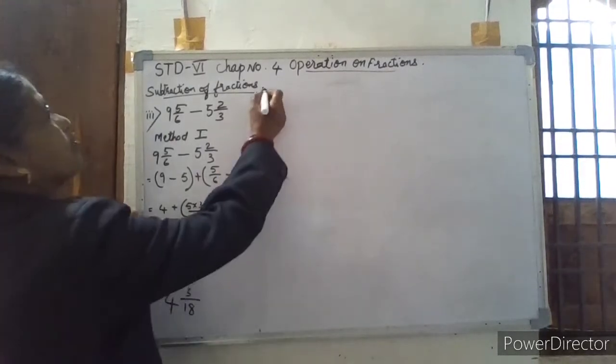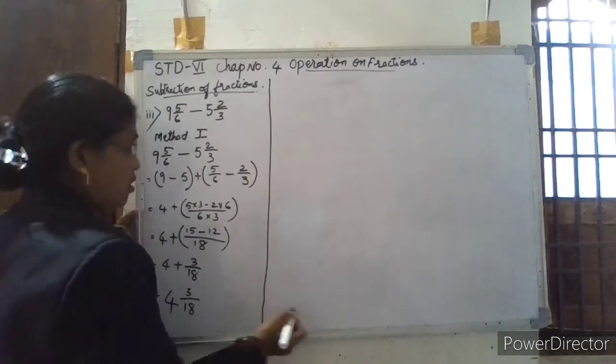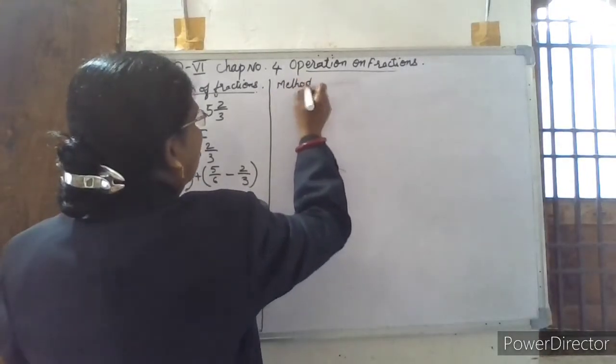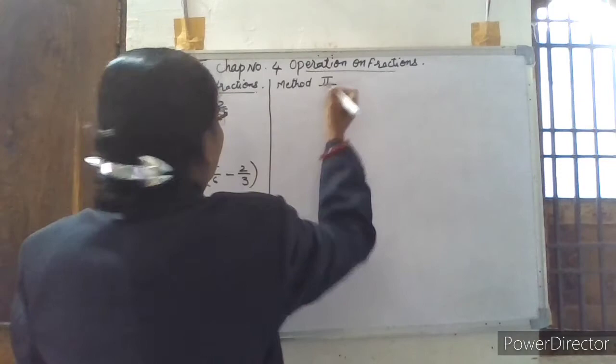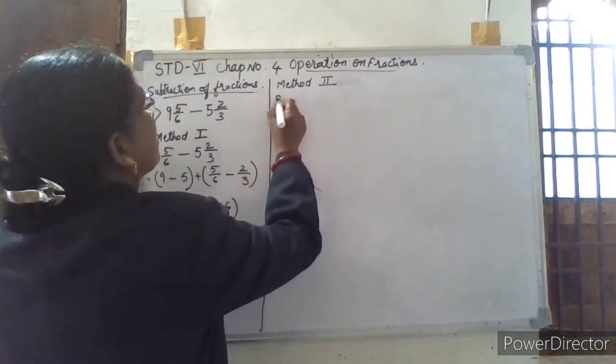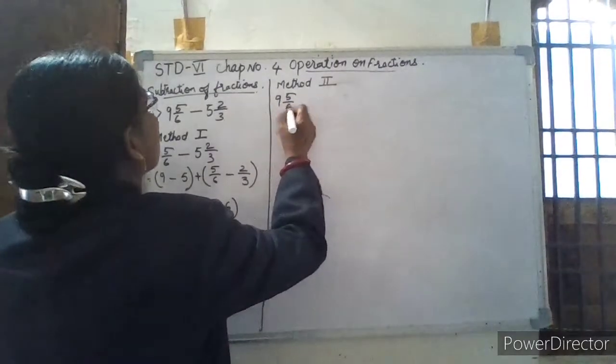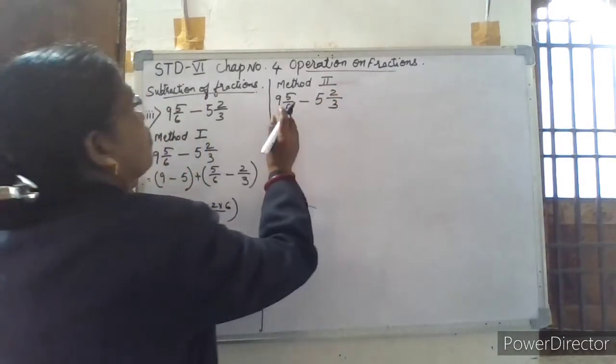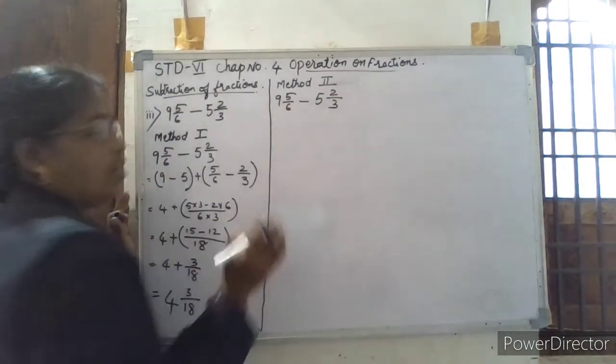Now it's method 2. Second method. Now write down the question, 9 5 by 6 minus 5 2 by 3. So this is mixed fraction, convert into improper fraction.